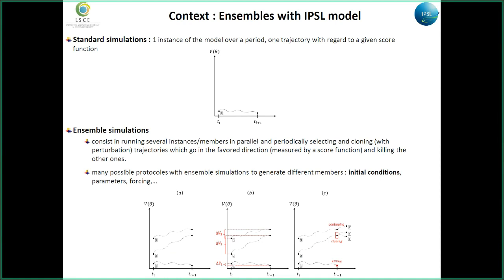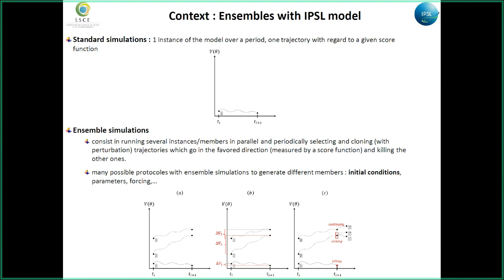On the other hand, an ensemble simulation consists in running several instances, or members, in parallel and periodically selecting and cloning, with perturbation, the trajectories which go in the favored direction, which is measured by a score function.